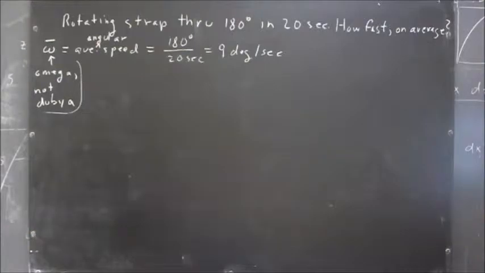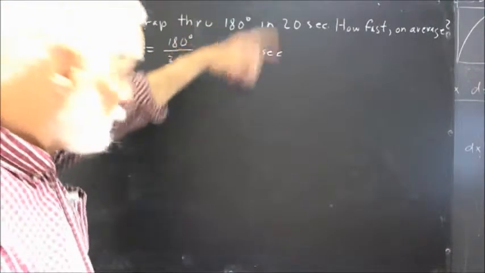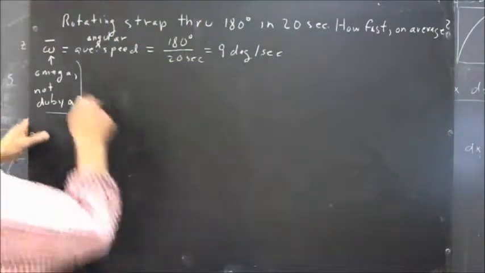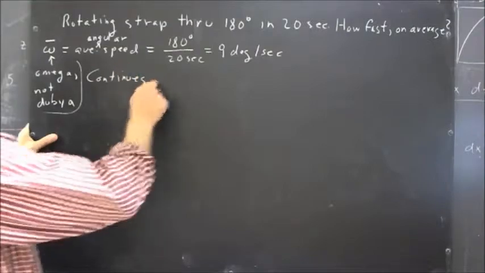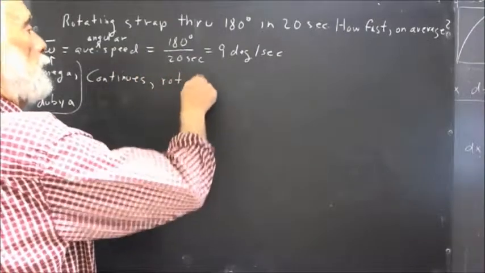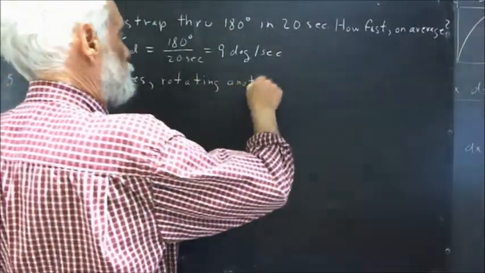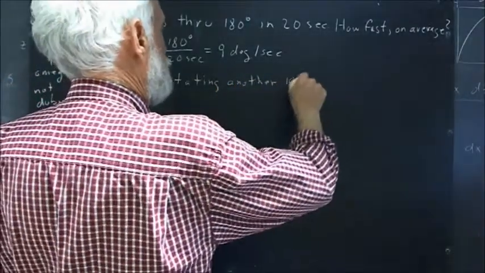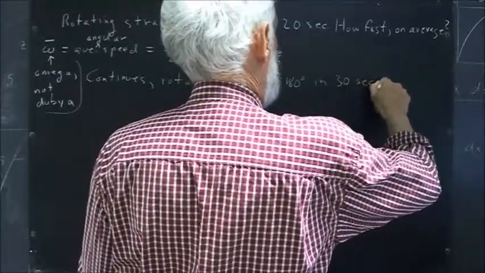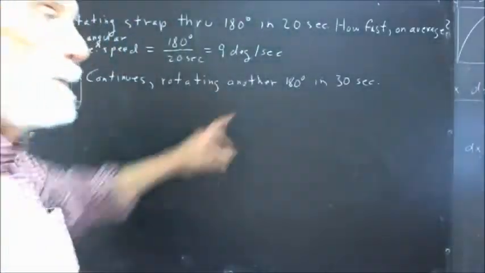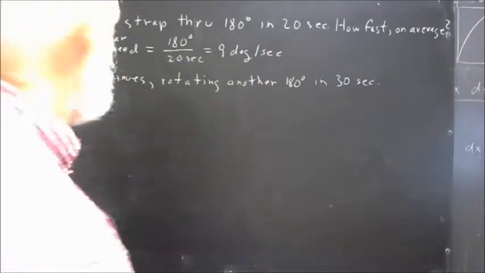Now, second question, what if this thing continues rotating through another, let's say continues, and in its continuity it's rotating another 180 degrees in 30 seconds. Okay? Answer the same question. Pause, get your answer.